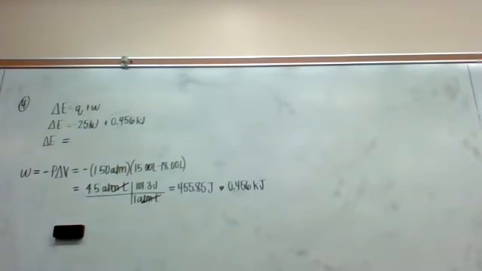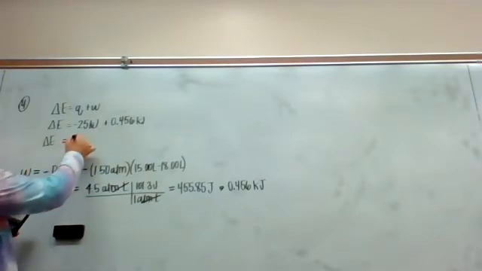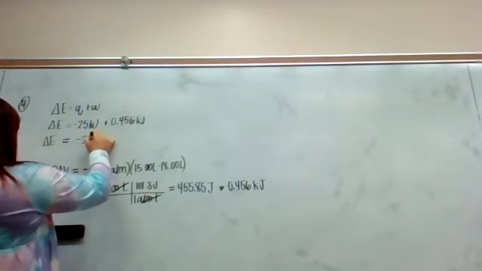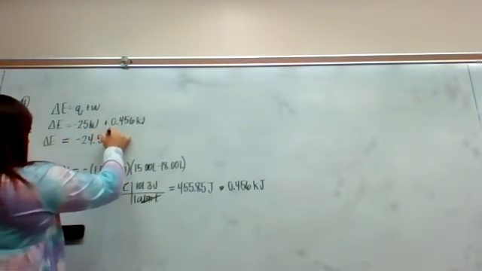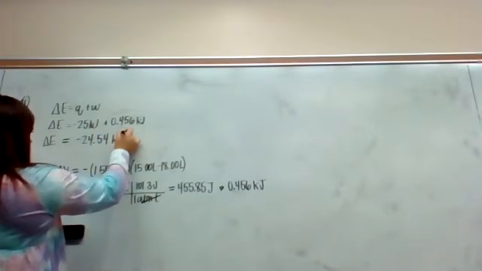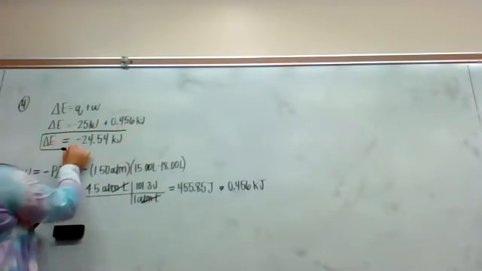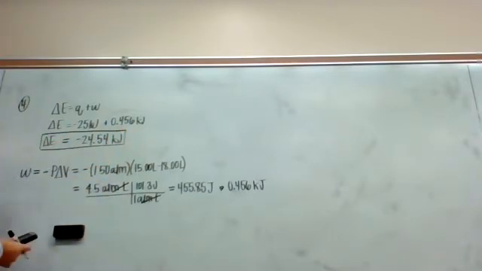Add it to your heat, and you've got your delta E. So negative 24.54 kilojoules.